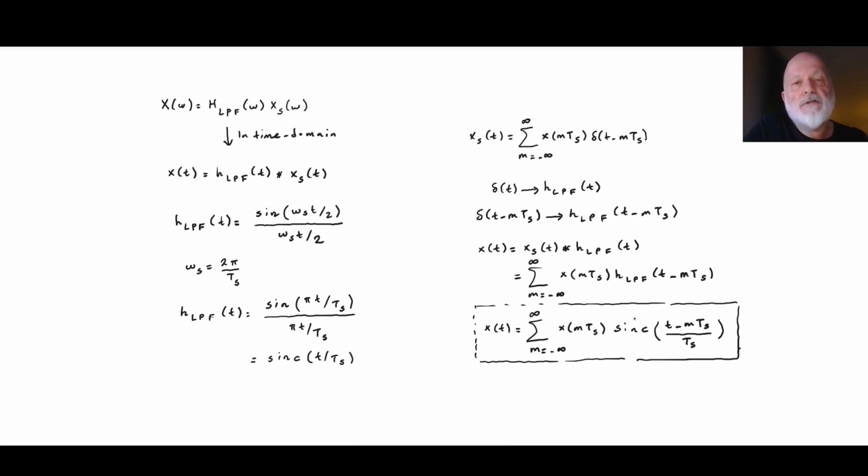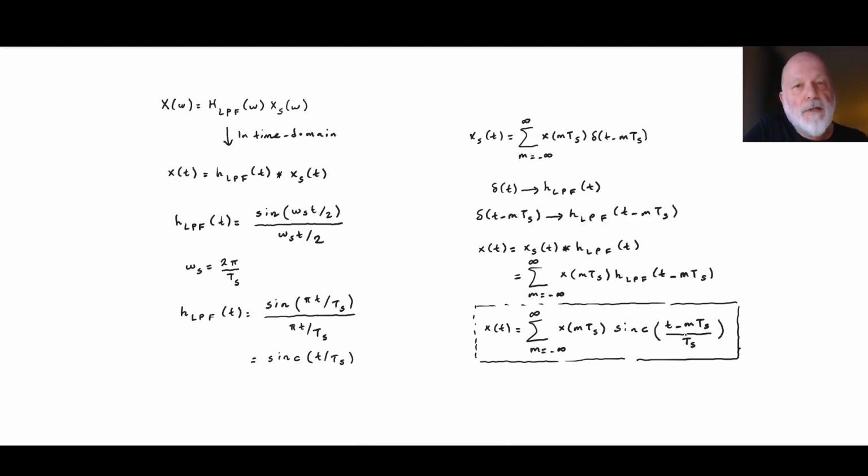These sinc functions are in fact coming from the system action, the ideal low-pass filter system action. So each shifted sinc function is multiplied by the sampled value of the signal, and we have a superposition of all these terms.